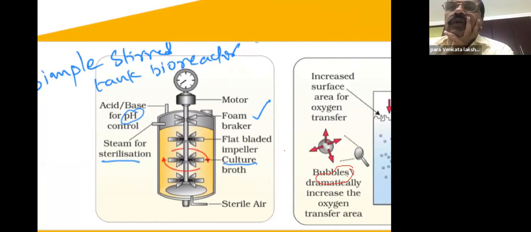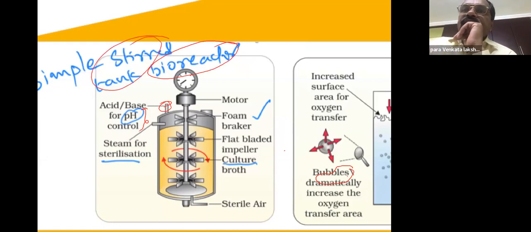This is pH control. To maintain the pH, because appropriate conditions are essential, they can be provided in this bioreactor, which is stirred. Stirred means it can mix all the contents.